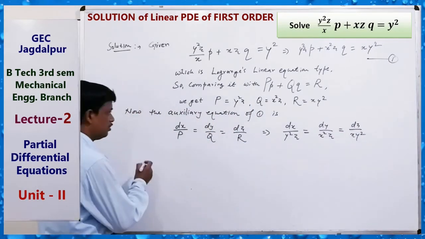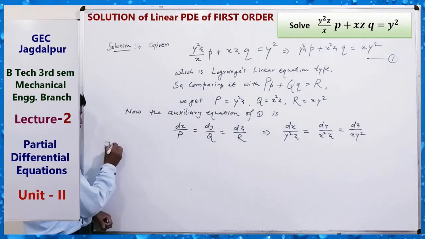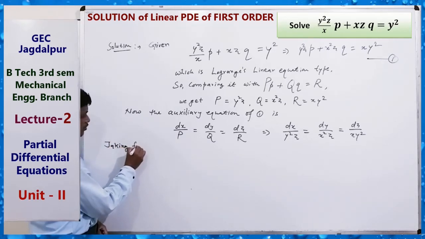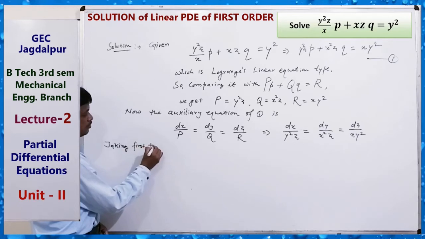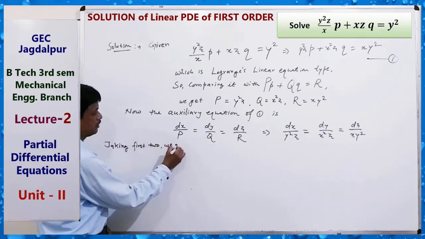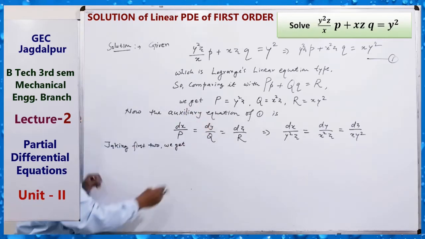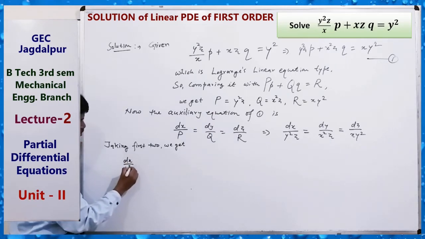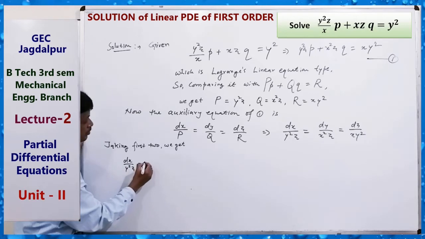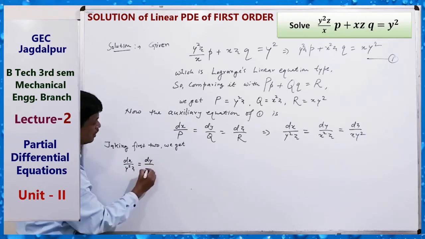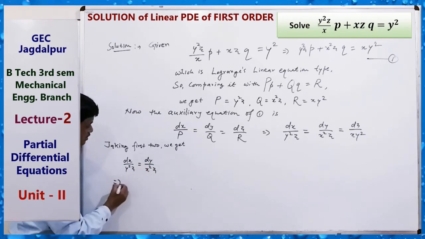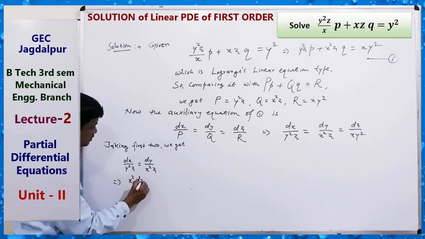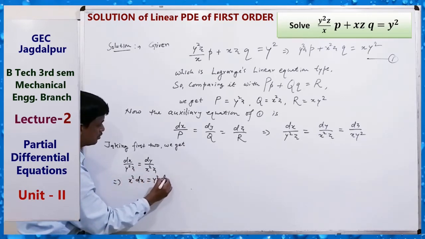So taking the first two, we get dx upon y square z equals dy upon x square z, which implies z cancels, so x square dx equals y square dy.